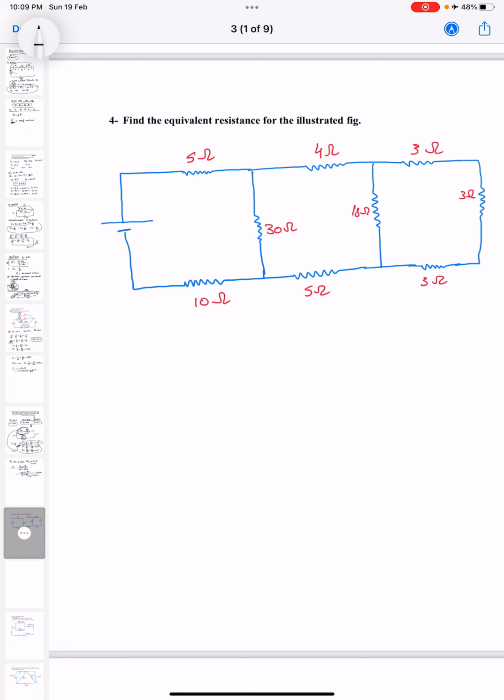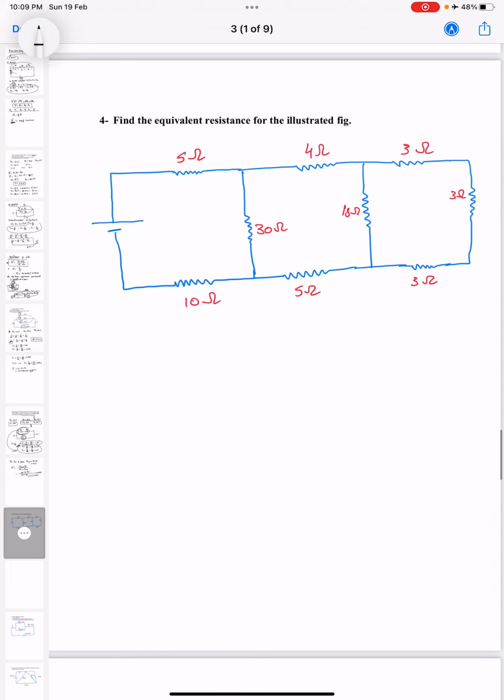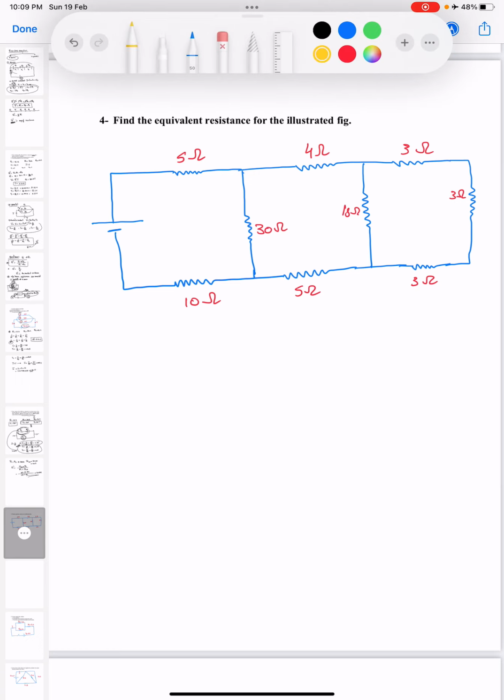Find the equivalent resistance from the illustrated figure. We want to calculate the total resistance. Okay. This problem can be calculated by drawing. How? We can label these resistances 1, 2, 3. Okay. Both 1 and 2 and 3 are connected in series.